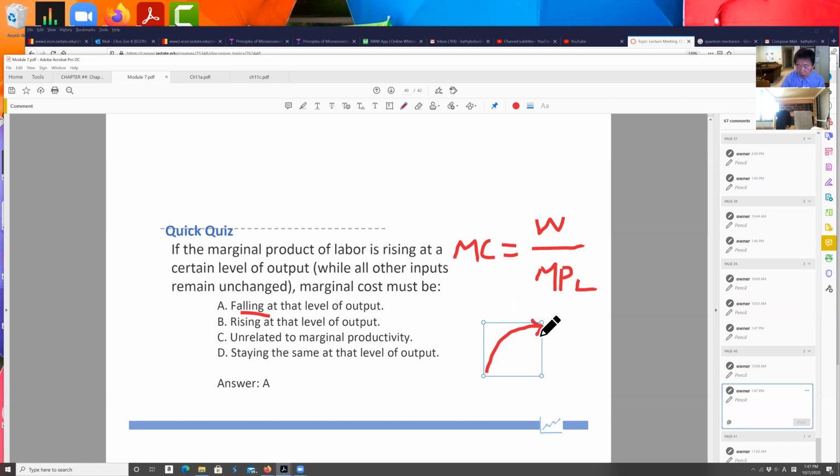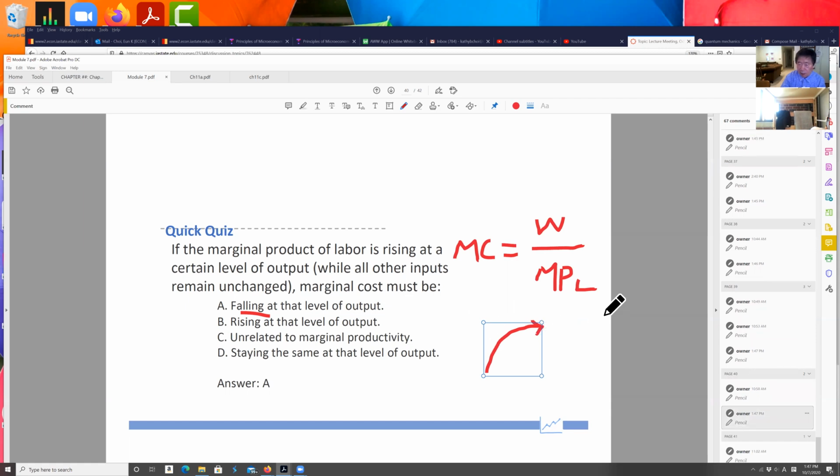Then because it is rising, this ratio is going down. Marginal cost is falling like that. So the answer is falling. Marginal cost is falling at that level of output.